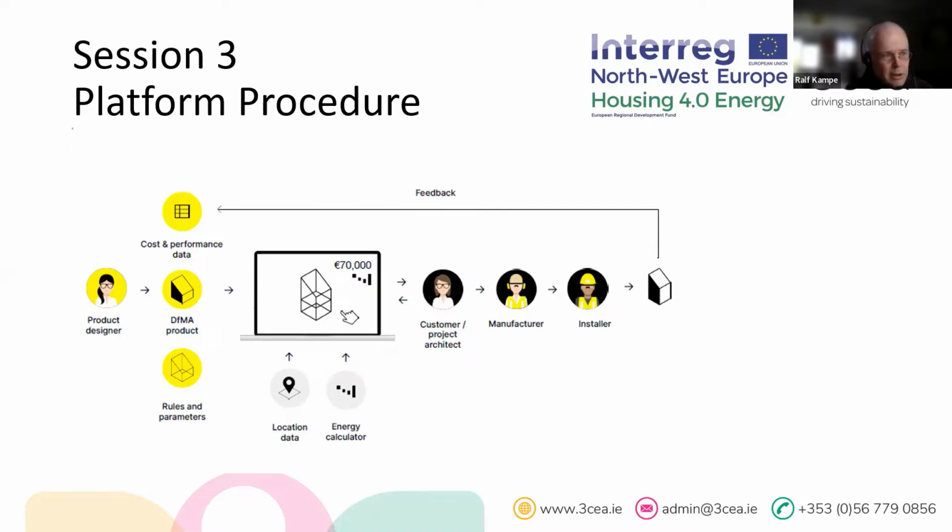and the parameters, and if you have a site, you can put this type of design, designed by yourself, and you have an energy calculator and also an embodied carbon calculator there.